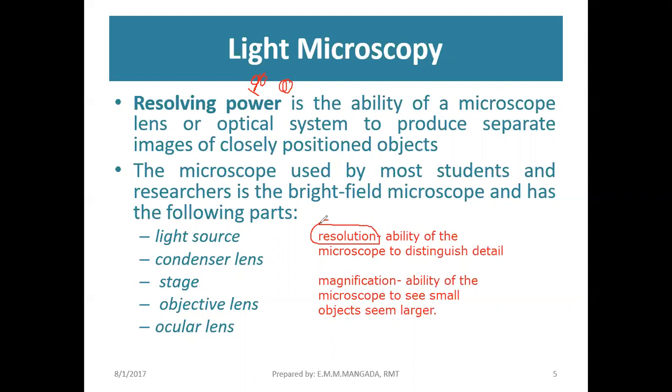Is your microscope capable of letting you know that these minute objects are actually two separate objects? Okay, so that's the resolution. And when we say resolving power, we're talking about the smallest detail that this microscope can resolve. So it's kind of related to this resolution. And then we also have your magnification. When we say magnification, we're talking about the ability of the microscope to see small objects seem larger.